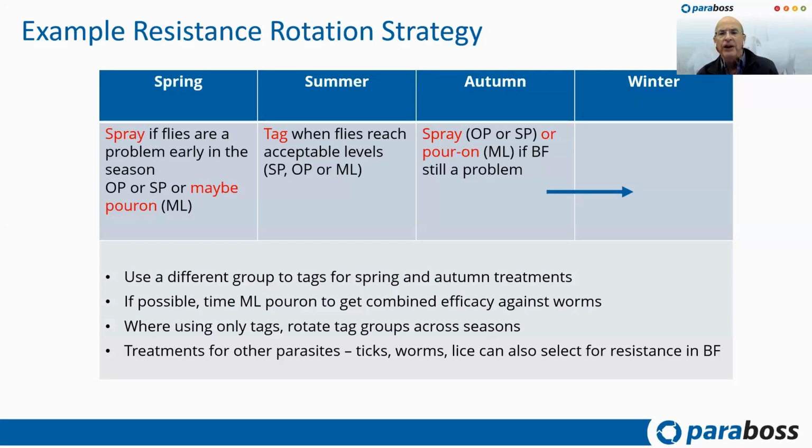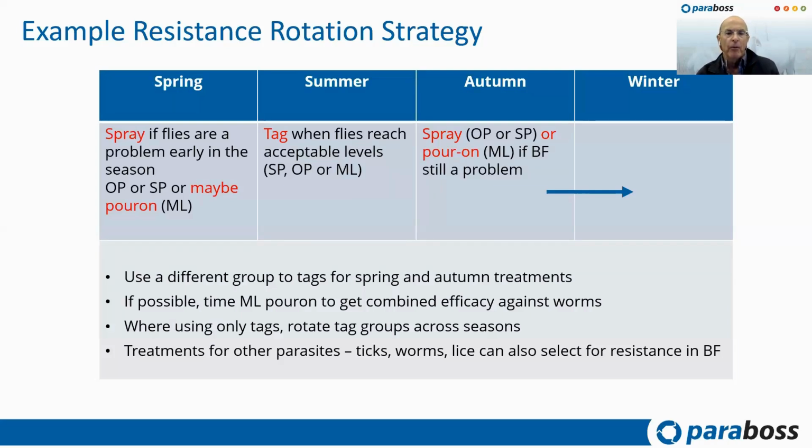And similarly, if you need a late treatment down here in autumn, winter, use a different chemical to what you've used in the tags, just to knock off the end before they go into winter.